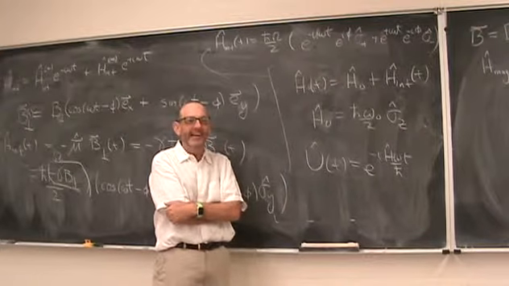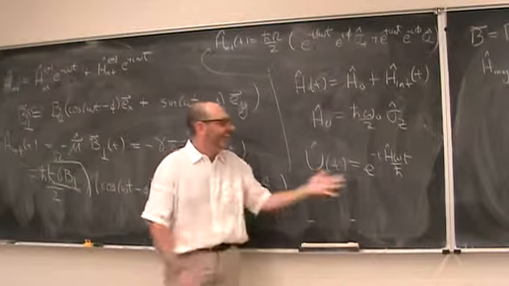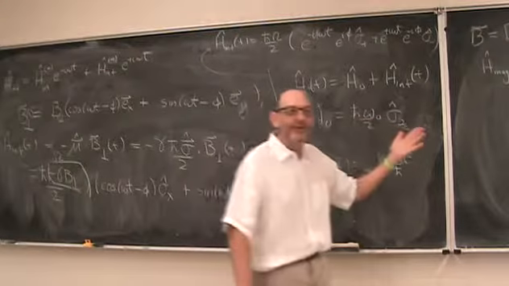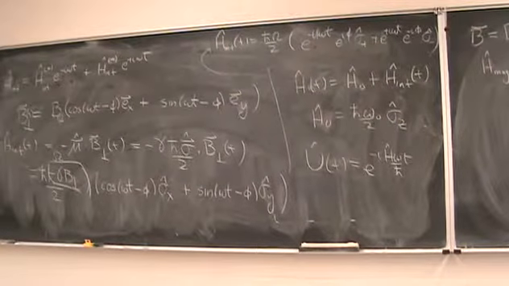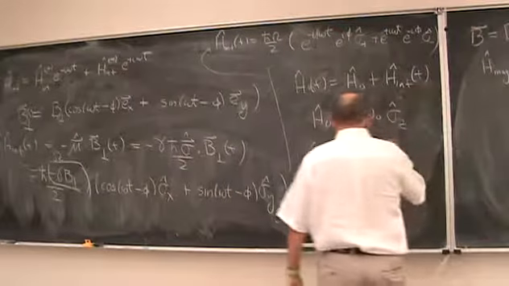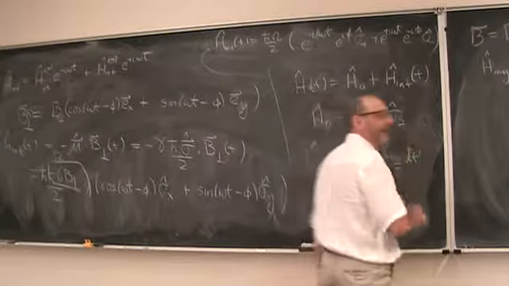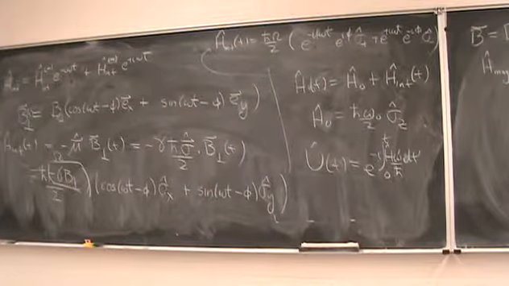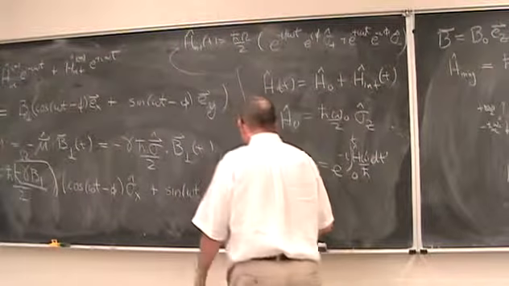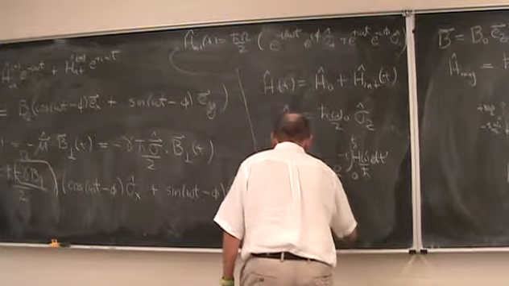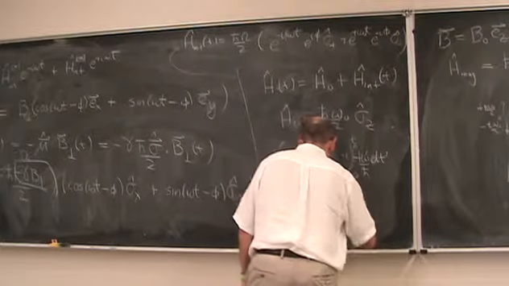No, that's not okay. You can't just exponentiate a time-dependent Hamiltonian because it's time-dependent. Well, maybe I should integrate H of t dt from 0 to t. That looks better. Yeah, exactly. Excellent. You can't do that either, because the Hamiltonian at different times doesn't commute with itself. H of t does not commute with H at a different time.